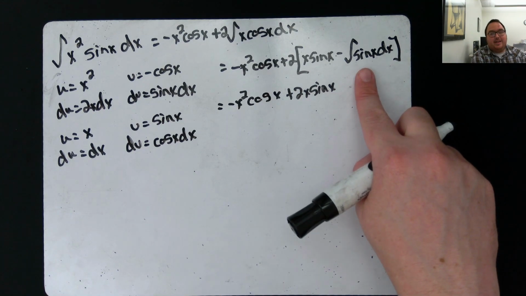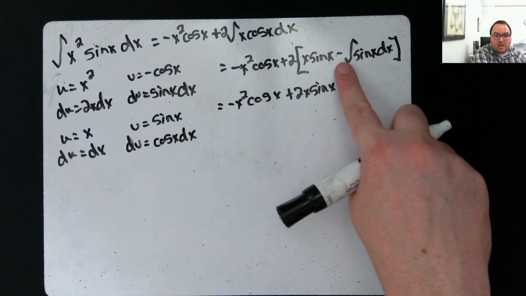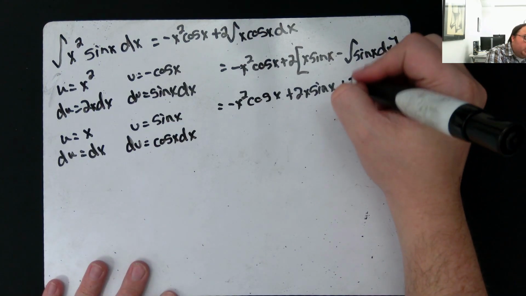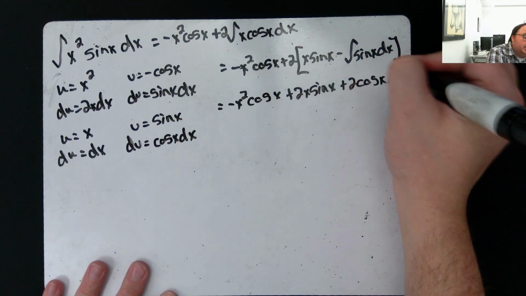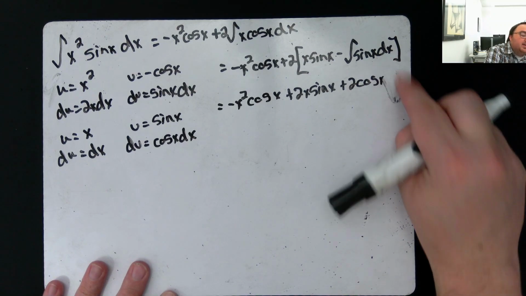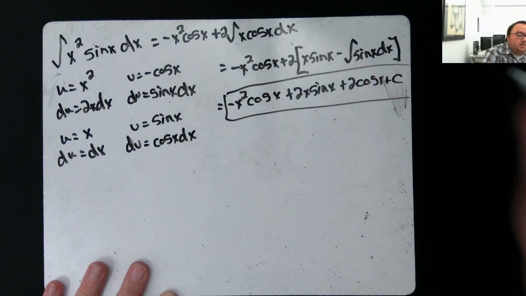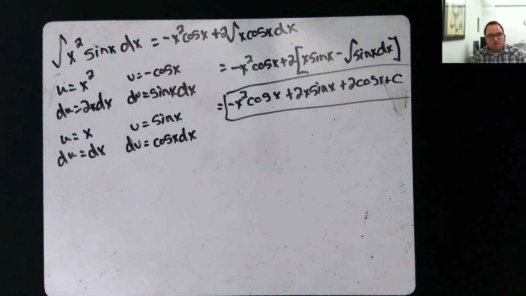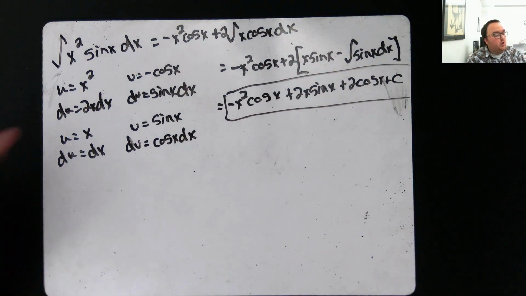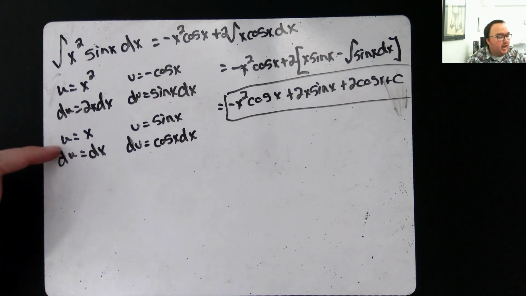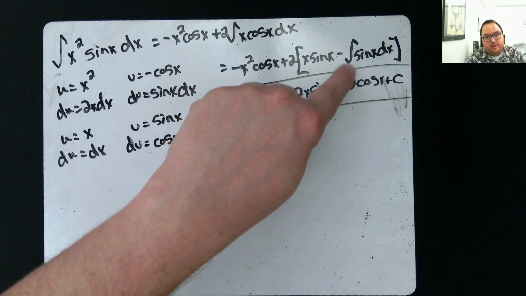Antiderivative of sine is negative cosine, which would make this plus 2 cosine x, plus C. Like that. So once again, I let u be equal to x squared because my power would eventually go down to where I don't have a product, like I didn't there.